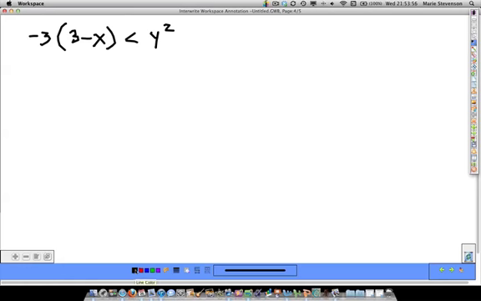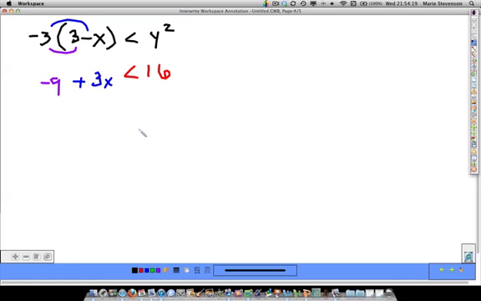Okay, now when I look at this, I notice this 4 squared, and I'm going to go ahead and do 4 squared. Well, 4 squared is just 16. On this side, I'm going to distribute that negative 3. So negative 3 times 3, negative 9. Be very careful here. Negative 3 times a negative x is a positive 3x.